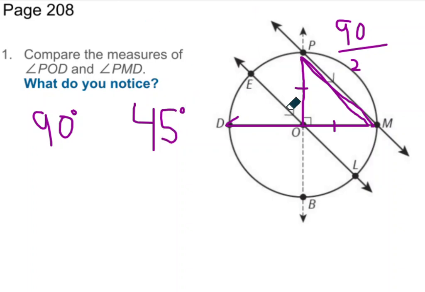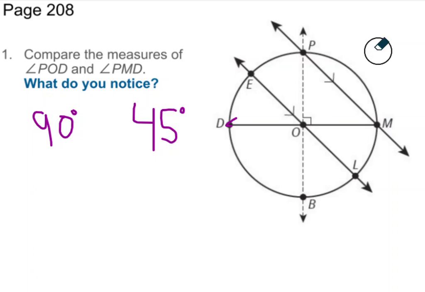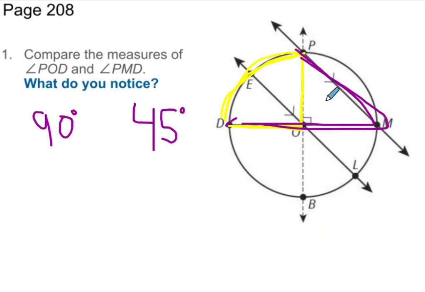If I look at the relationship between these two angles, they have the same outer arc, PD, but DOP is on the center and PMD is an inscribed angle. So I know that if angles have the same arc, one's central, one's inscribed, the inscribed angle will be half the measure of the central angle.